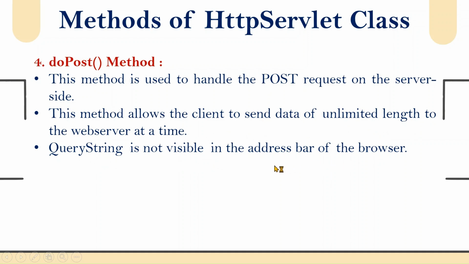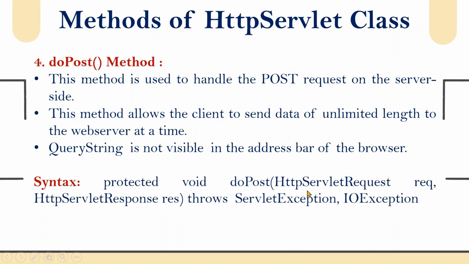Comparatively, doGet is used for less than 255 characters, whereas in doPost the query string is not visible. So we can say that doPost is much more secure than doGet.